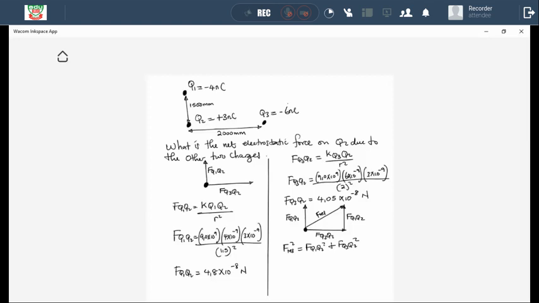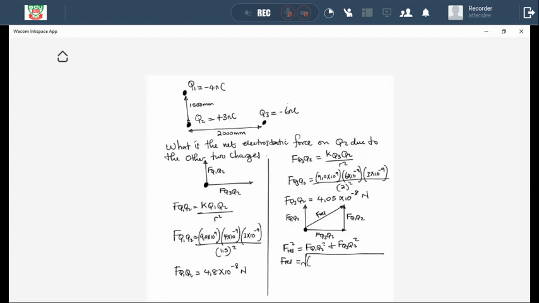Right. Now, because of space, I'm going to jump another stage so that I just quickly substitute there and get my answer. So F res is equal to the square root of, what is my F Q1Q2?